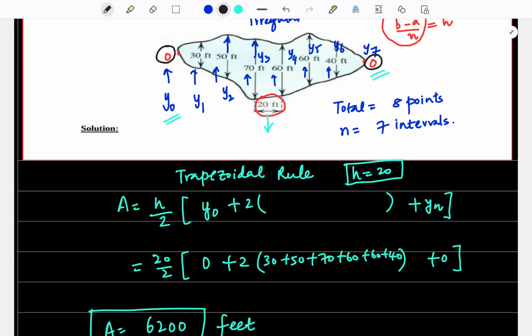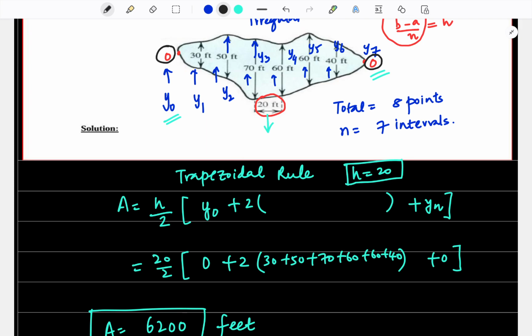The lake surface is not made up of straight lines, it is curved. So the trapezoidal rule underestimates or overestimates the area when the curve bends. But Simpson's rule assumes a smoother curved path like a parabola, so it gives a better approximation. That is why Simpson's rule is usually closer to the actual area.